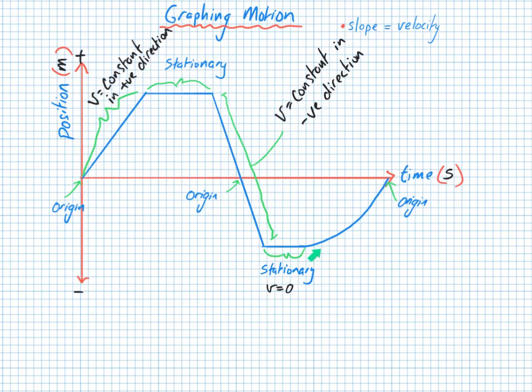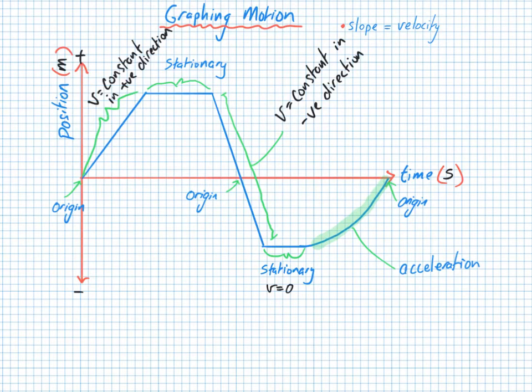Then we see a curved section here. When we see a curved section in a position time or a displacement time graph, that's when we have acceleration. So here we see the object is getting faster. If we look at small time periods and look at their change in position, later on over the same time period, their change in position is bigger, showing us that we have acceleration.